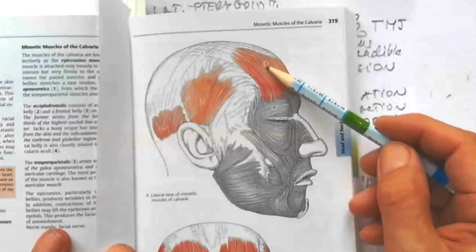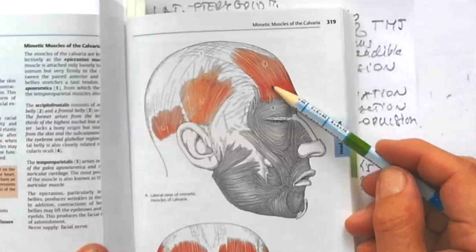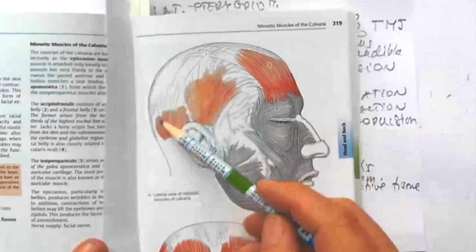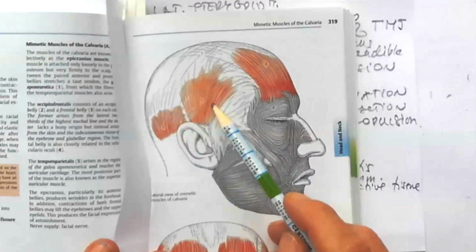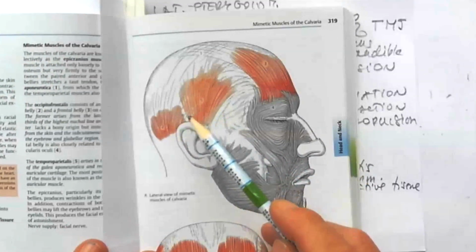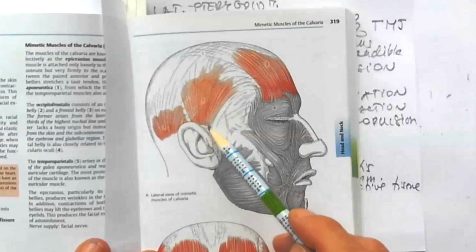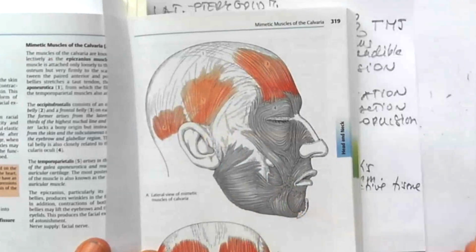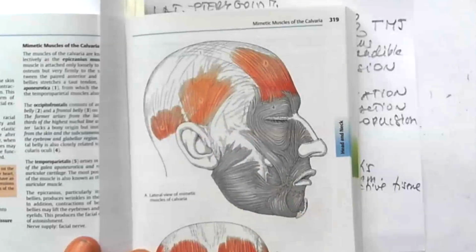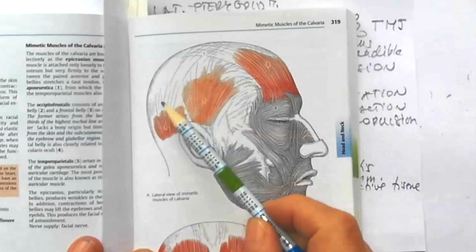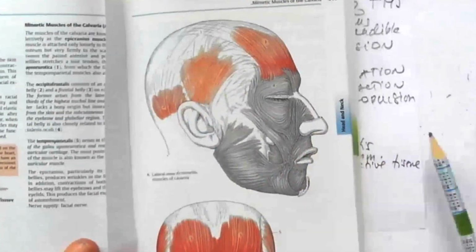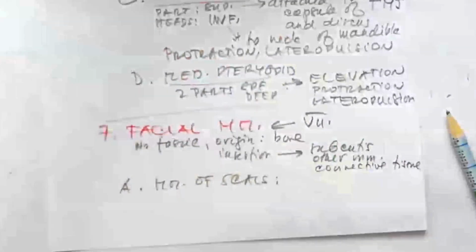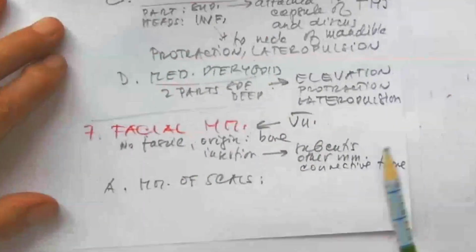It has the ventral belly, anterior belly, and then also the posterior belly, which is usually shorter. And also here we see the temporoparietal part, running from the rudimentary muscles of the auricle. They are attached to the galea aponeurotica, moving also the whole scalp. This is the first category.